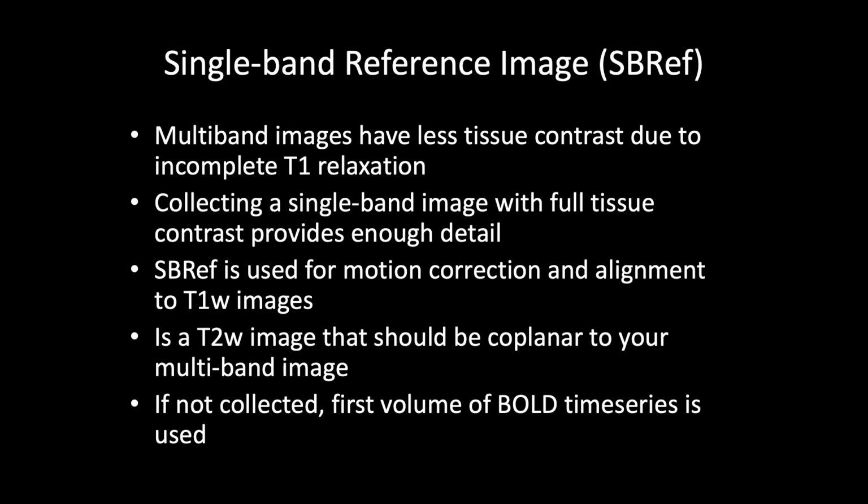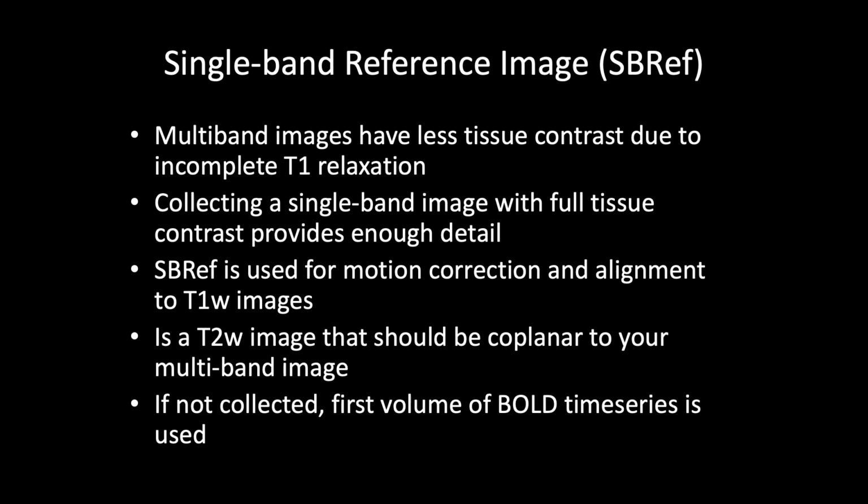So what they basically suggest is that you collect this single band image, same parameters as your functional in terms of the slice thickness. This provides you with sufficient detail for your registration process.